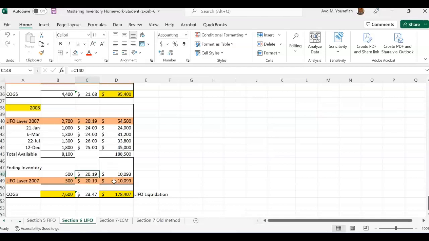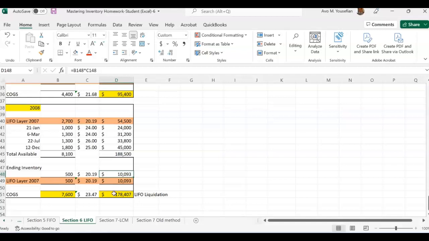See, and if you multiply that, it will end up to be 10,093. So LIFO layer 2017 leftover at the end of 2018 is $10,093, 500 units left at an average cost of $20.19. So we take this leftover of LIFO layer of 2017 with us to the next year in 2019 and forward.